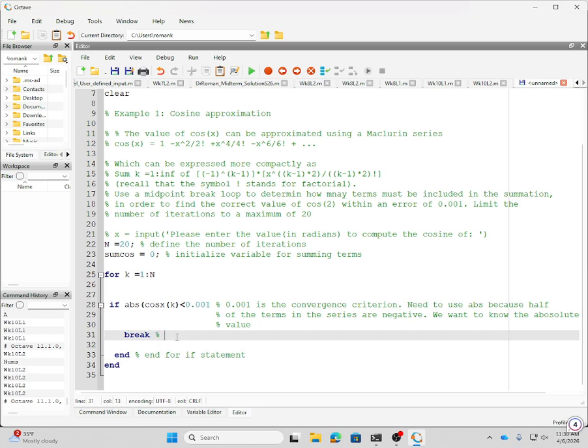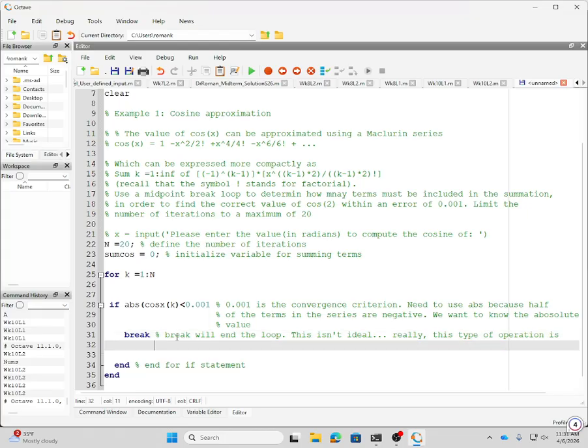I'd like to put a note for this break. Break will end the loop. This is not ideal. This type of operation is probably better done with a while loop, but we will see that next class.